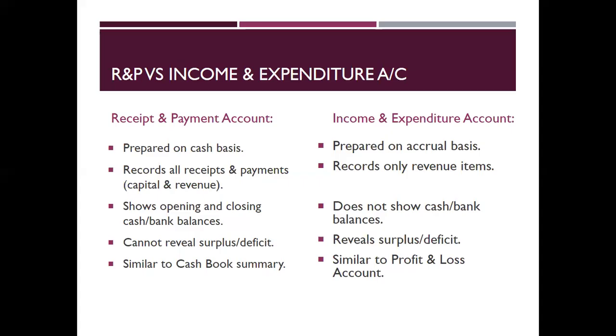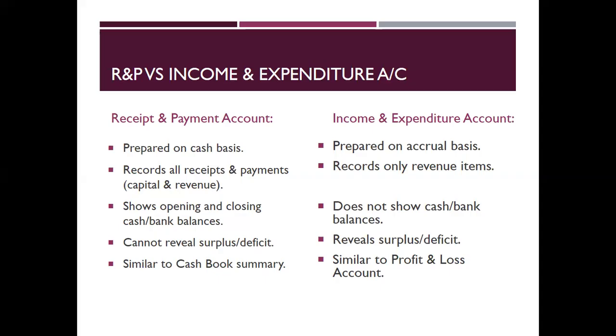Then another difference is that under receipt and payment, the records are all receipts and payments. You make a payment, a receipt is given out. But in the income and expenditure account, we only record revenue. We don't record receipts. We only record what is coming in as revenue for us.